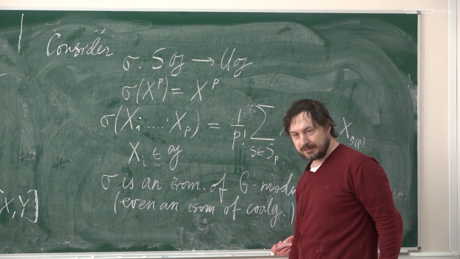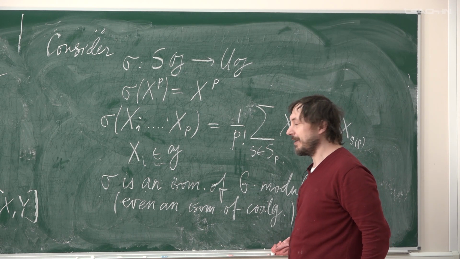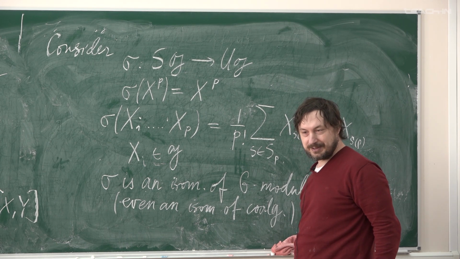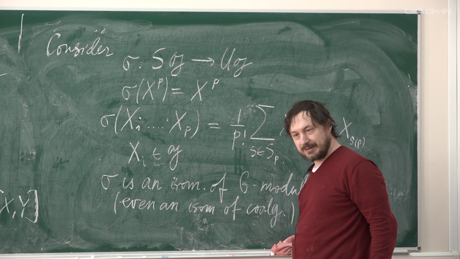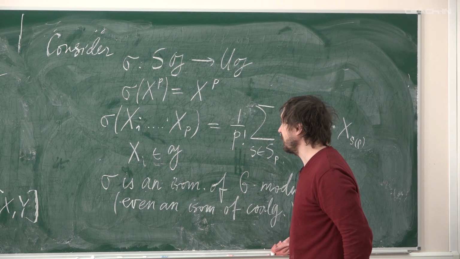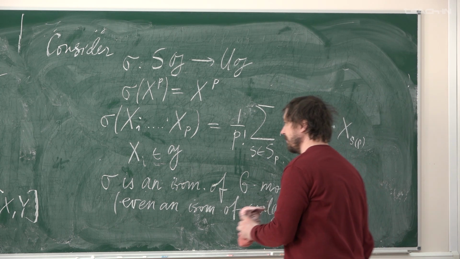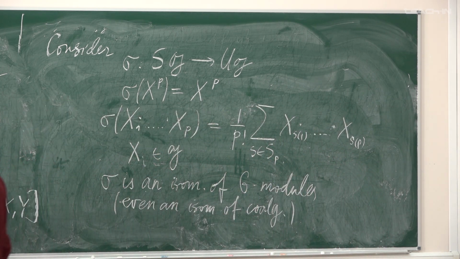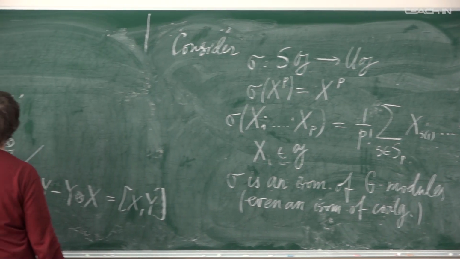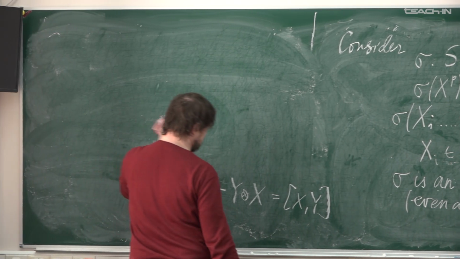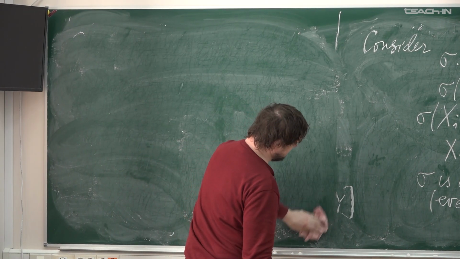In theory, you can find the inverse map from right to left. And we will make use of this theoretical map to define the star product on Sg. So first I'll define some deformed product in Sg.